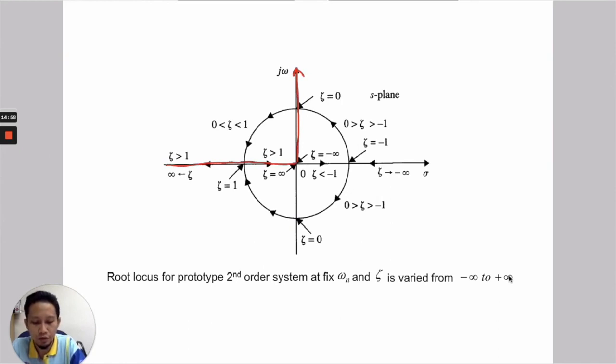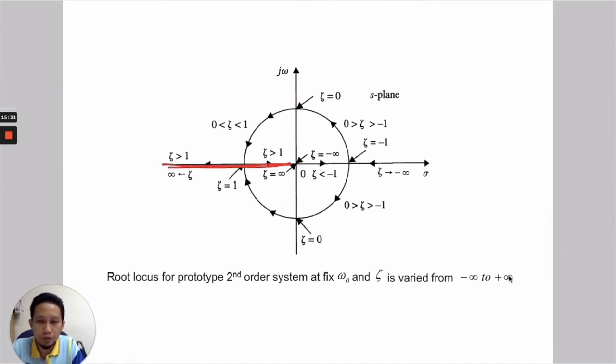So you have j omega, and at this point of location, zeta equals 0. You need to remember, at this point, zeta equals 0. At this location, if the poles are distinct, meaning it has two different poles on the real axis, the zeta value is greater than 1.